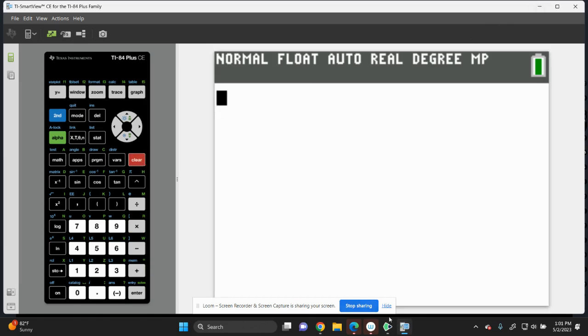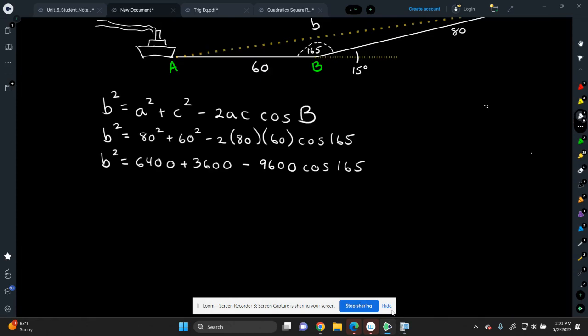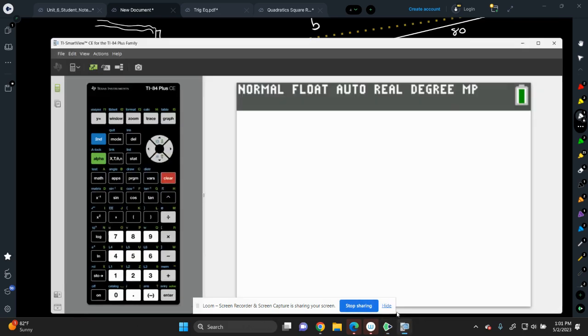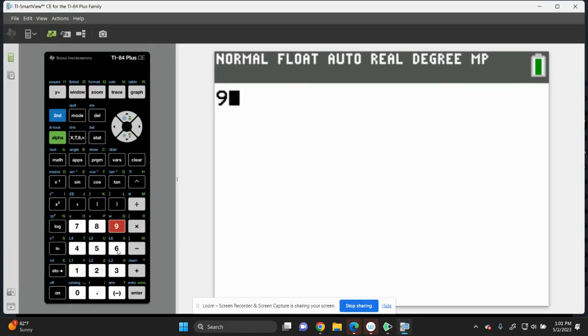Let me just finish working the problem here. Remember, don't subtract the 9,600. It's got to be 9,600 times the cosine of 165, right? Which is a negative number, but we're subtracting that.